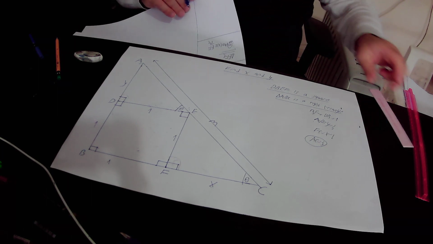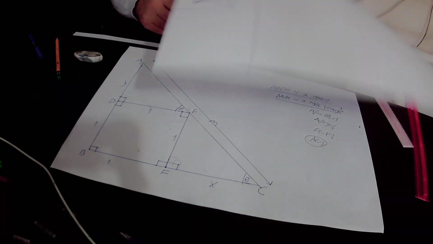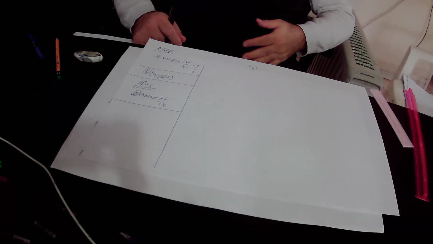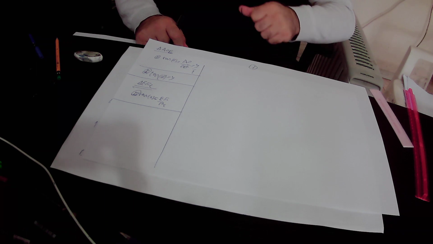I repeat again, on the right triangle EFC, tangent theta equals EF over FC.